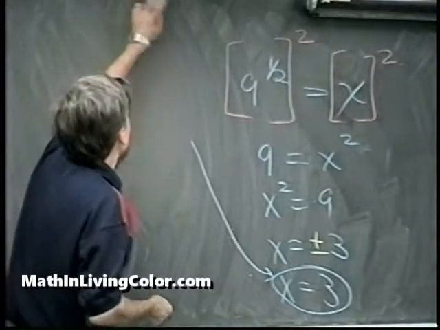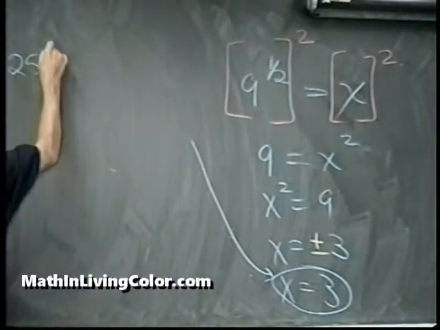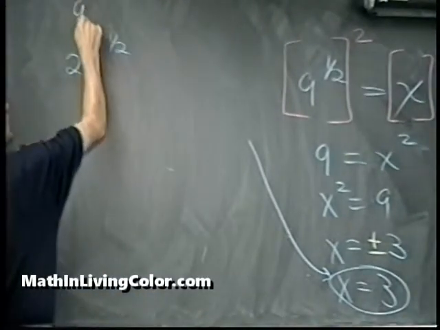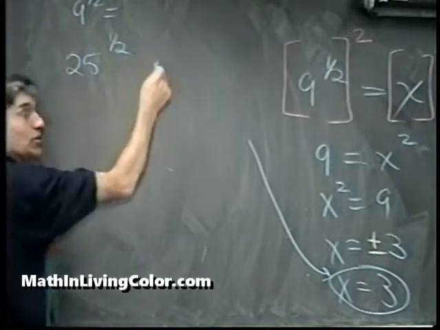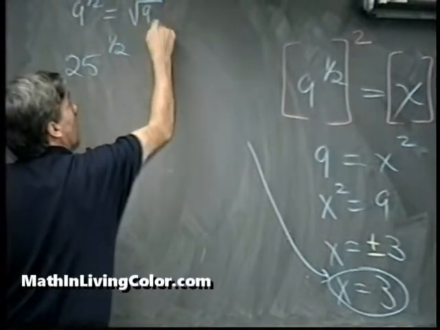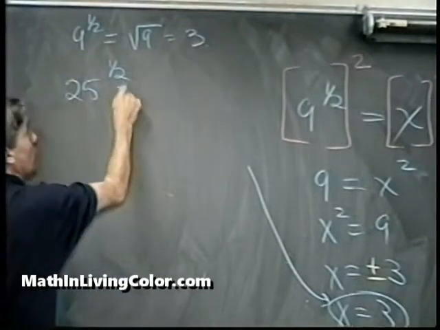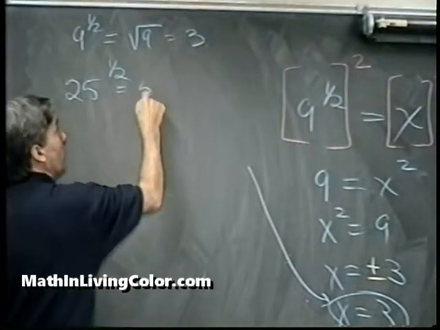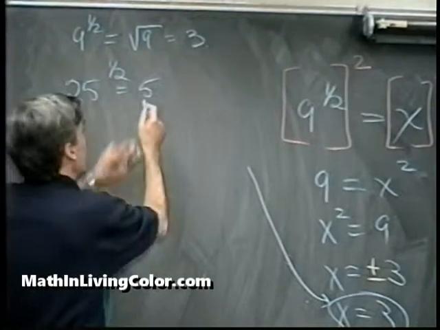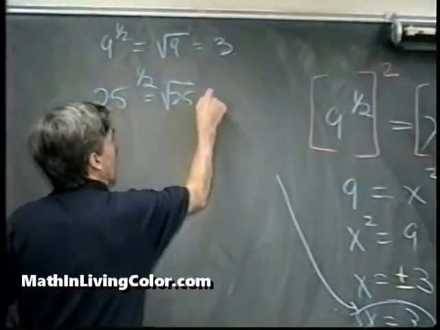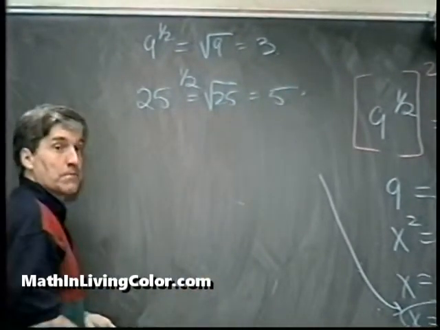What would be 25 to the 1/2 power? If I just said 9 to the 1/2, and what I have to do is do the square root of 9 to get 3, what would be 25 to the 1/2? 5. Okay? It would be the square root of 25, let me write it down, the square root of 25, which would be 5.